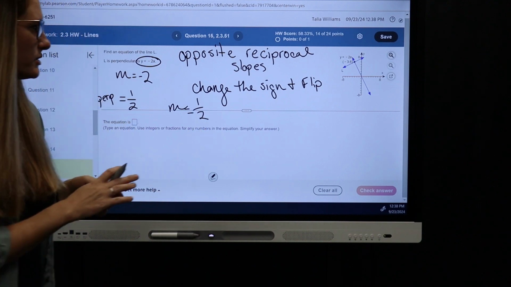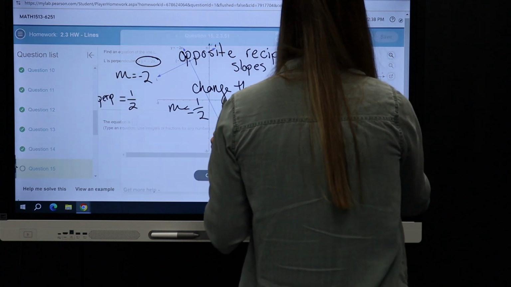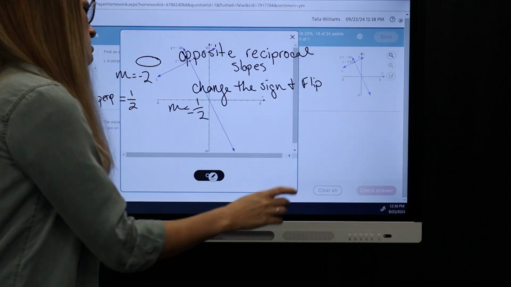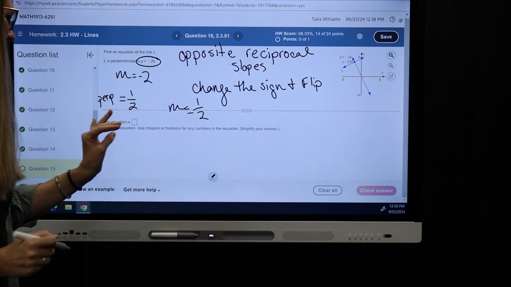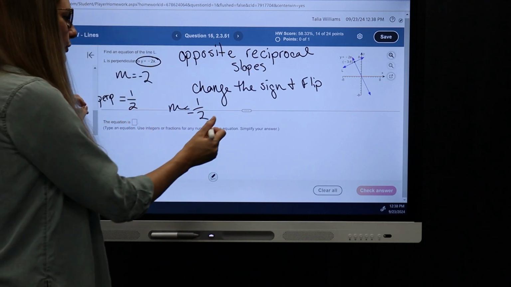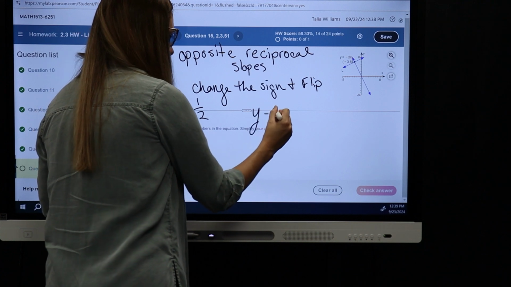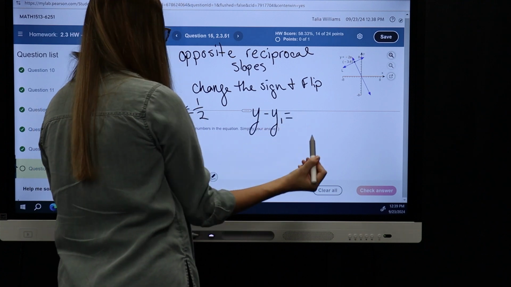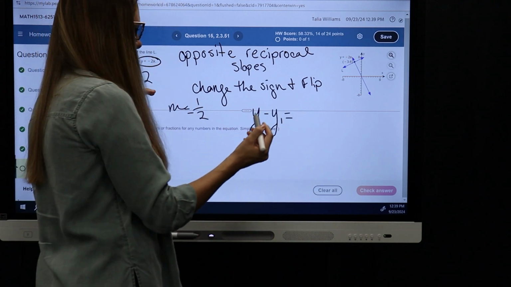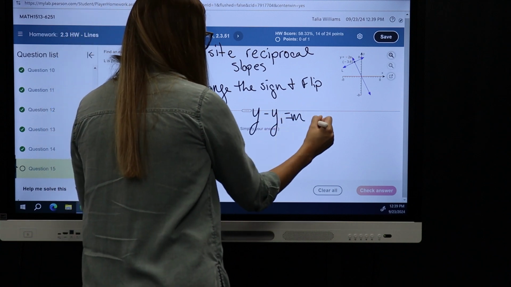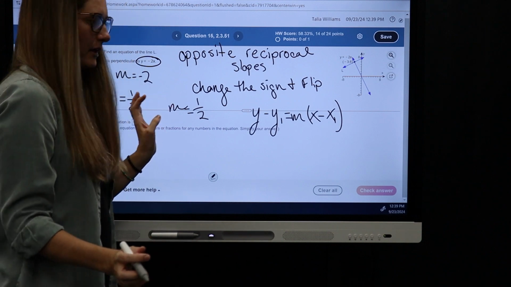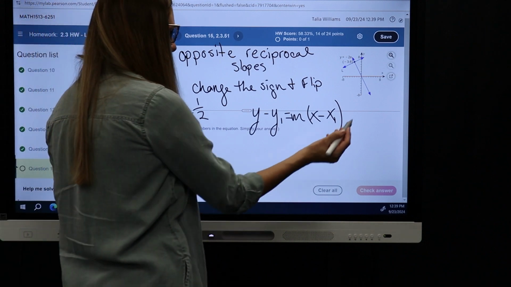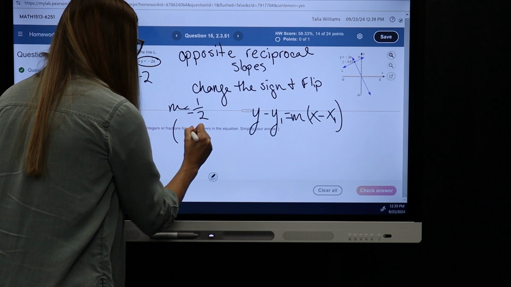Then we need to find our y-intercept. So they give us this point, -3, 6. We're going to take that point and use our point slope form because it's not perfectly on an axis. So let's go ahead and do our point slope form because we can practice. So here I'll write the point we're using right here.